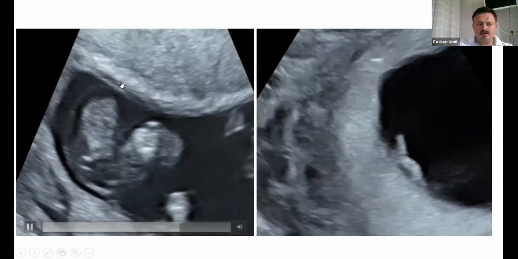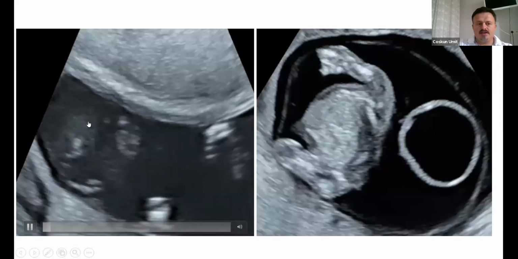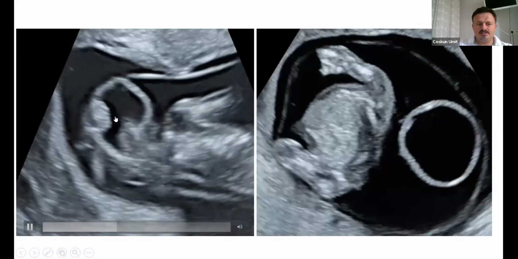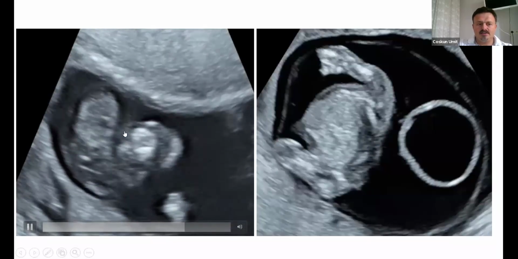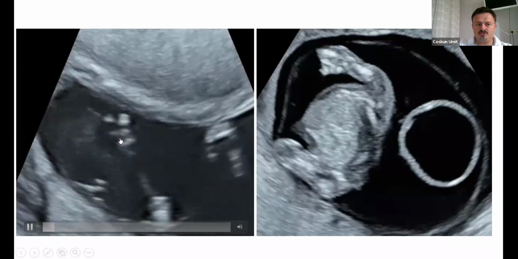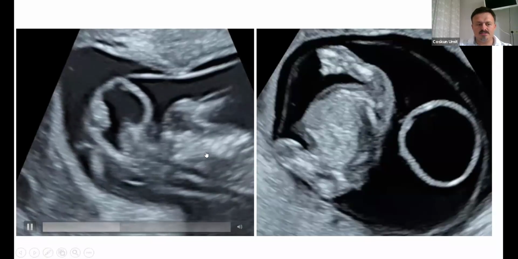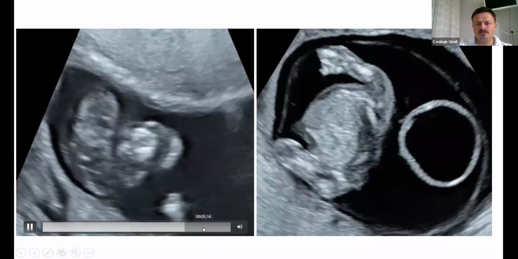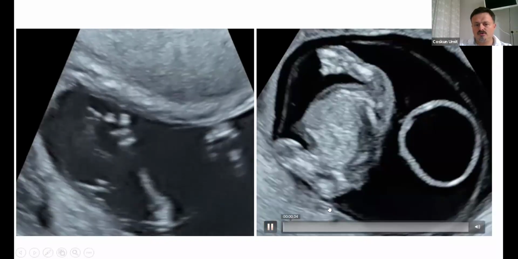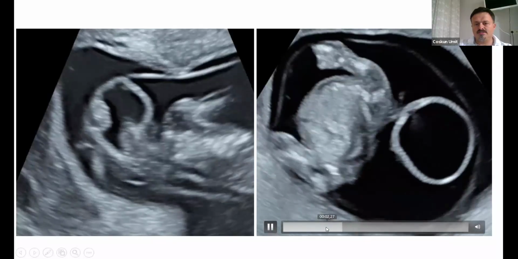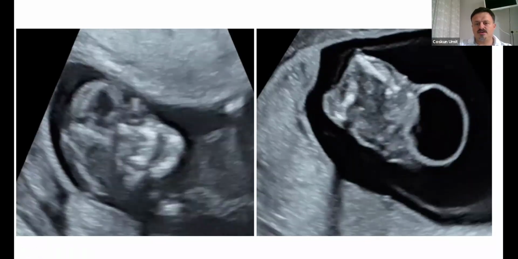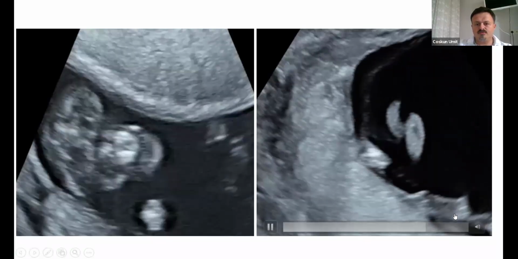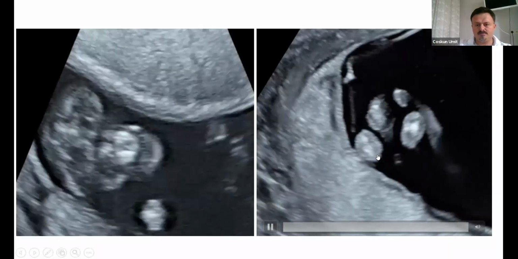There are many different shapes, and the frog face is a hallmark sign. Sometimes there is no brain tissue over the orbits. So this is a key finding, and we should almost always catch these anomalies in the first trimester, between 11 and 14 weeks.